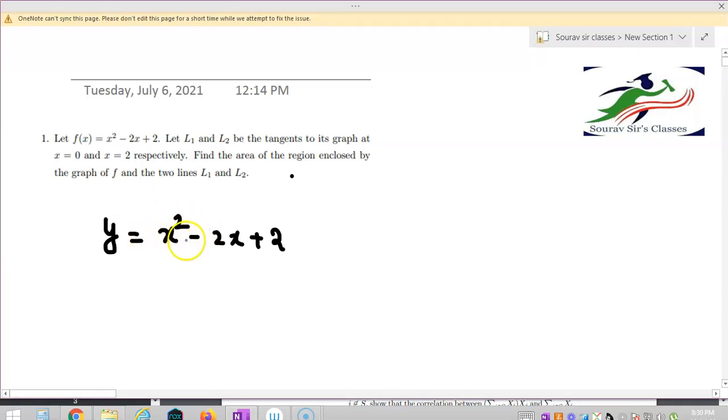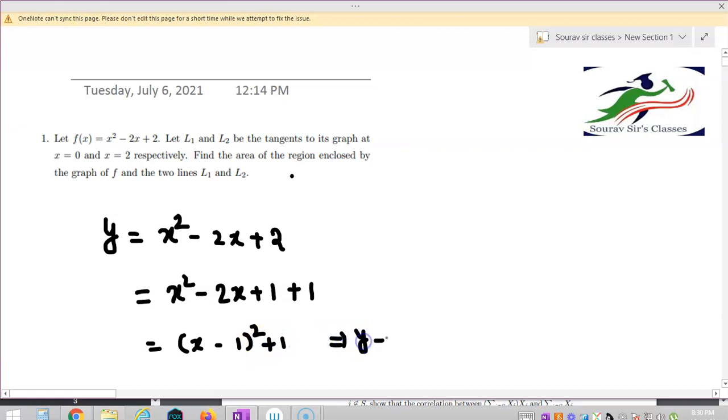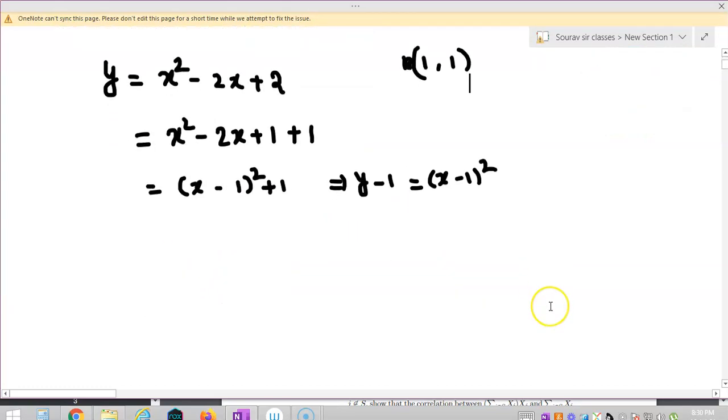We know that this is the equation of a parabola, so let us find the vertex of this parabola. x square minus 2x plus 1, so I can write this as (x minus 1) whole square plus 1. So it implies y minus 1 is equal to (x minus 1) whole square. So the vertex of this parabola is at (1, 1), and you can see that the coefficient of x square is positive, so I can draw the graph of this.